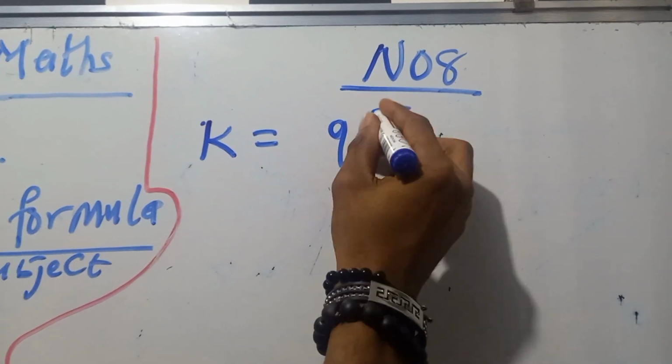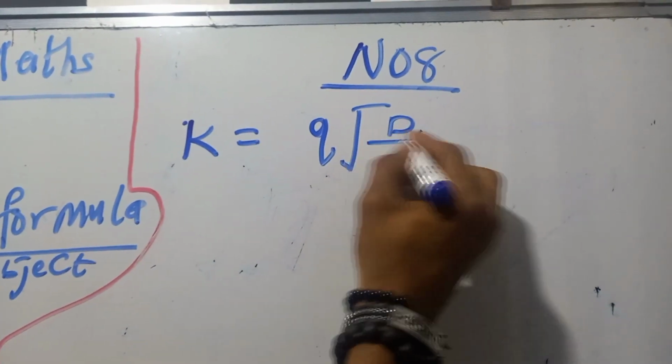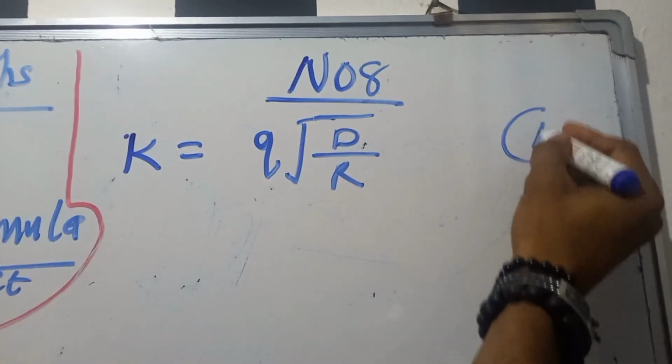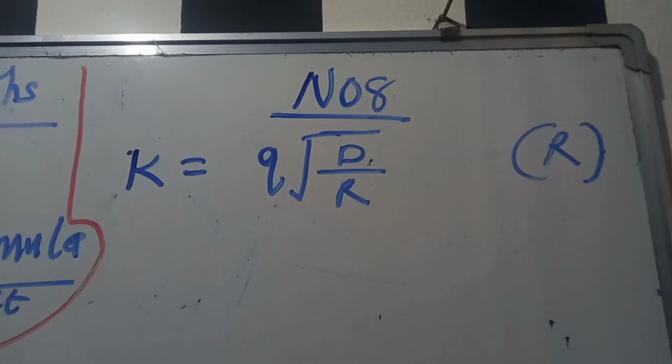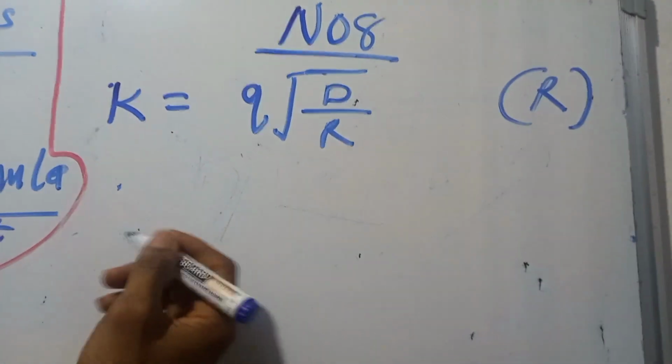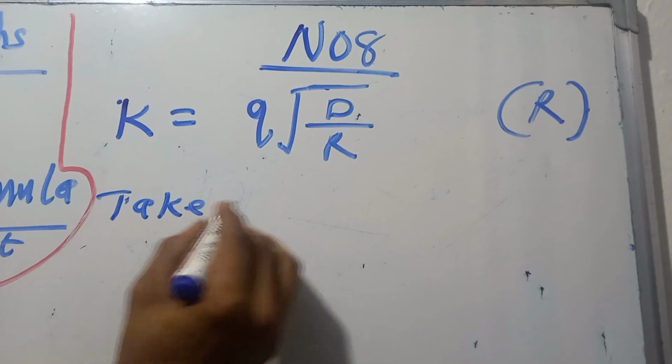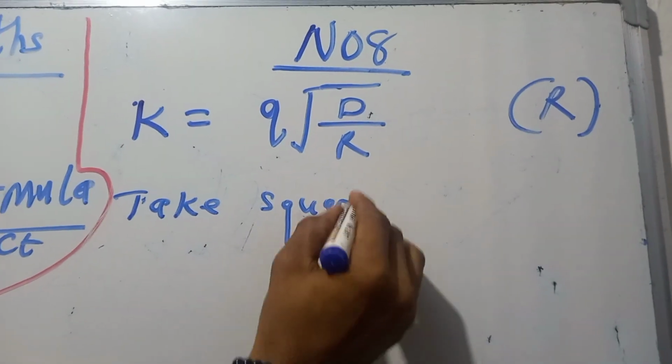K equals q square root d over r, and we should make r the subject of the formula. So what I do here now is very simple. Don't panic. Take square of both sides.